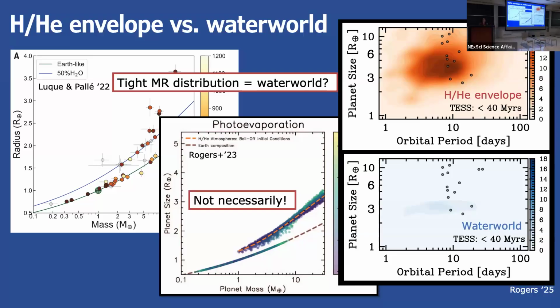And from the sparse data set that we currently have, and growing thanks to TESS right now, for these young planets, there's a hint that the radius distribution might be a bit broader, a bit too broad to be explained by water worlds. But again, the data is a bit too sparse right now.